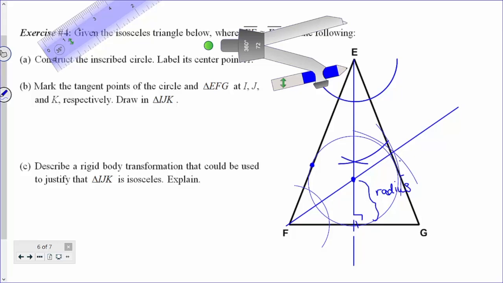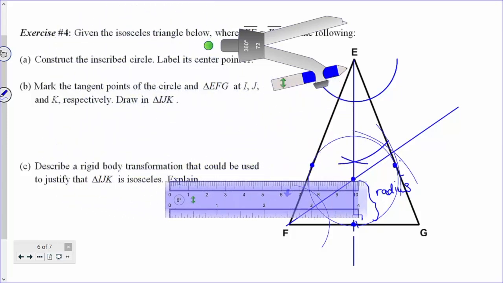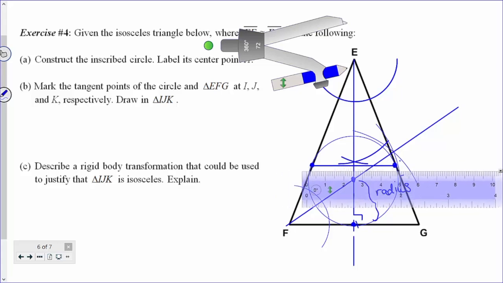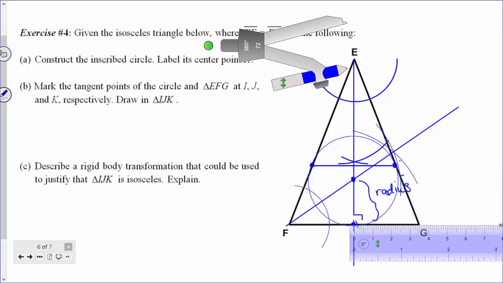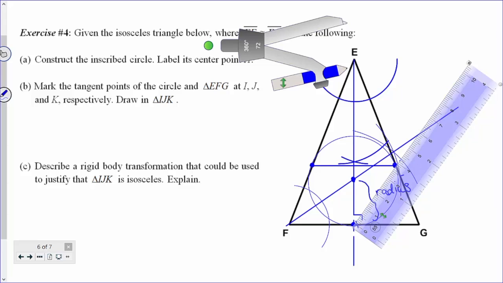This would be a tangent point, this would be a tangent point, and this would be a tangent point. Real quick, let's connect those. Why don't you go ahead and connect them at the same time that I am. All right, there we go. And then we'll bring down our 0 mark here. I'll label them as I, J, and K in just a moment.